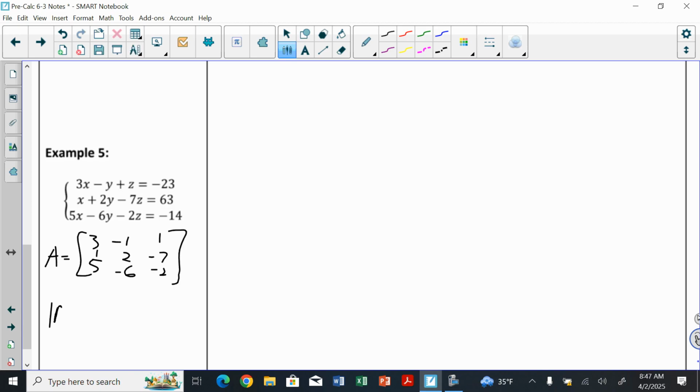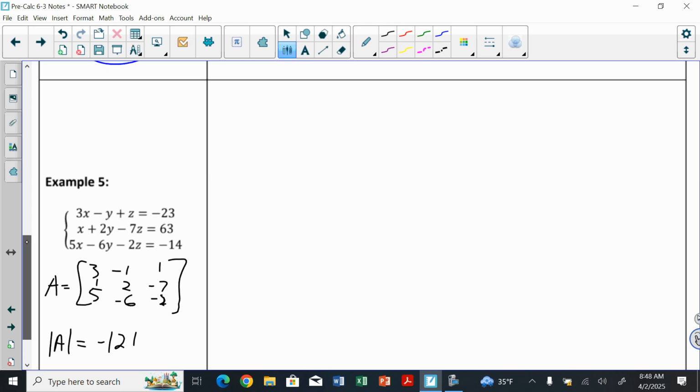So if I find the determinant of A, again, you have to do this 4 different times. You have to find these determinants of 3 by 3 matrices, so use the strategy that you prefer. In this case, it ends up being negative 121. If you do the math, again, I'm going faster on that, but expecting you to know how to find that determinant.